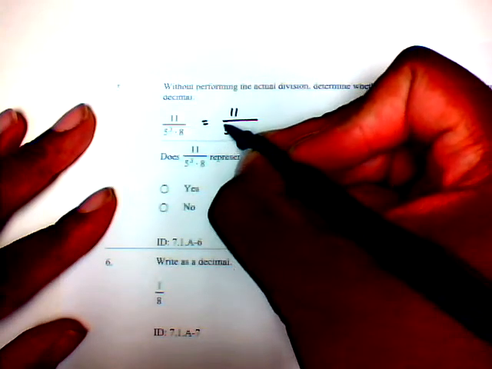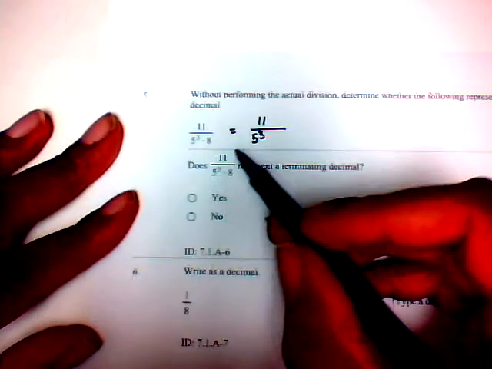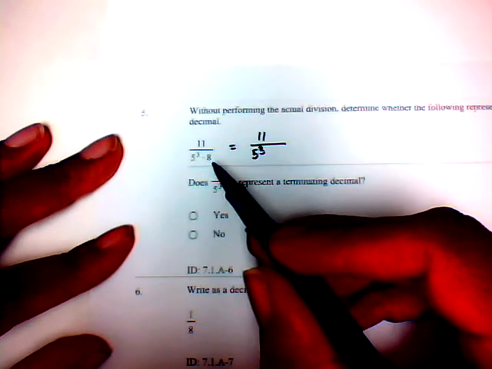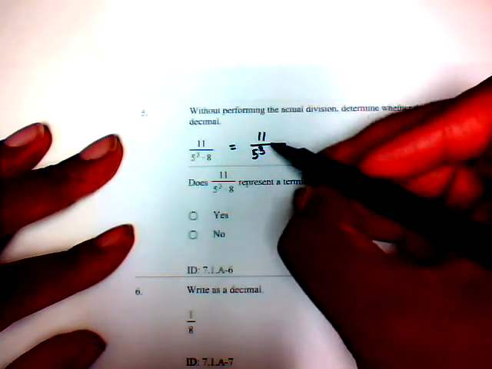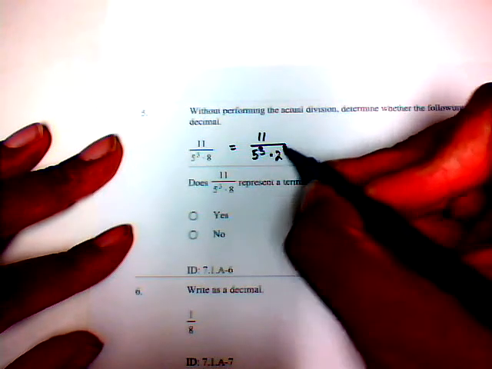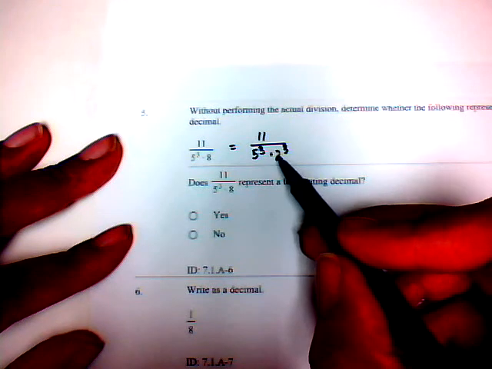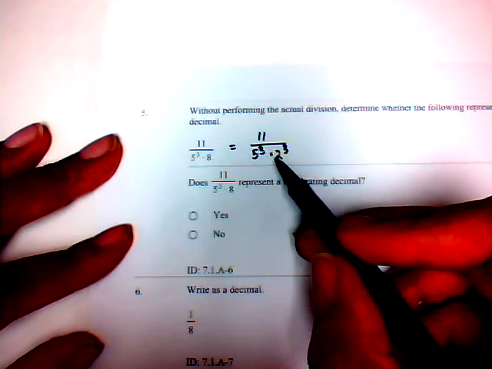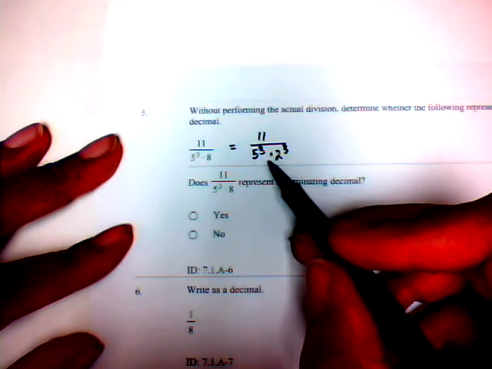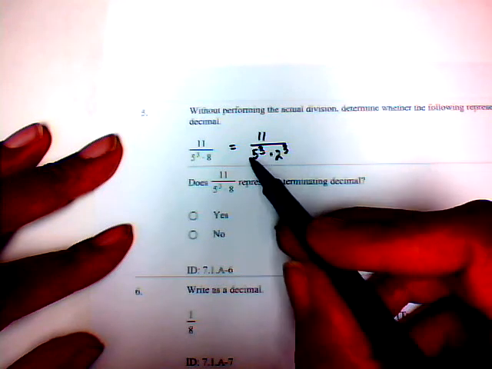So what I'm going to do is write 11, and then we got 5 to the third. But 8 as a product of primes will be 2 times 2 times 2, or 2 to the third. Now here we only got the prime numbers 2 and 5. The denominator cannot have any other primes other than 2 and 5.